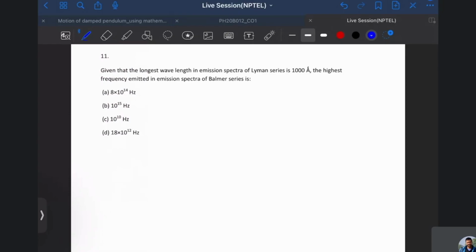Given that the longest wavelength in the emission spectra of the Lyman series is 1000 angstrom, then the highest frequency emitted in the emission spectra of the Balmer series is. Okay, so how do you approach this problem? Anyone, any idea?